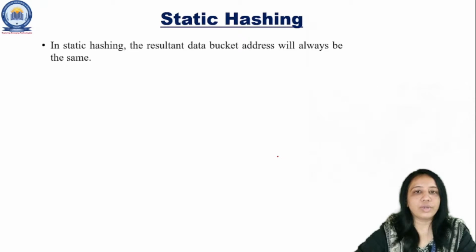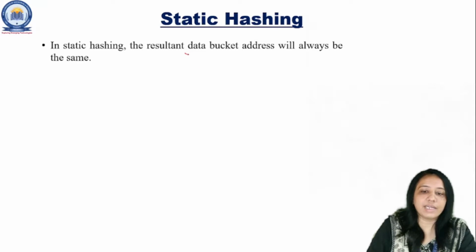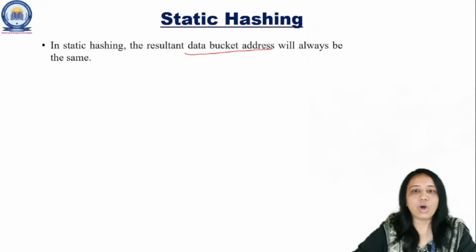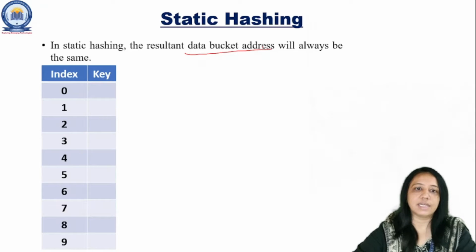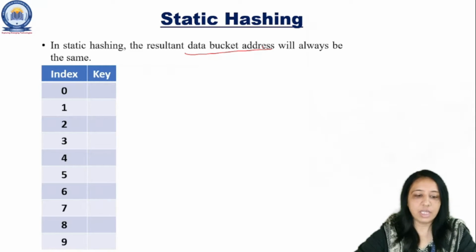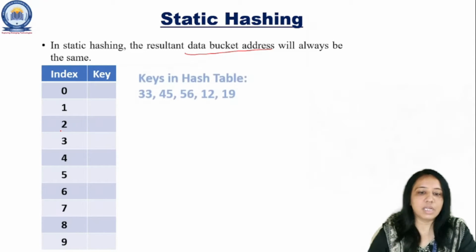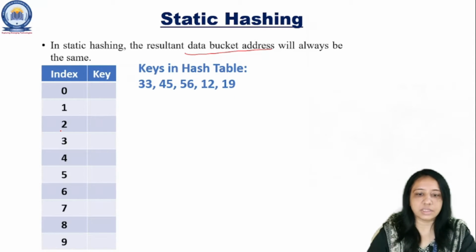In static hashing, the resultant data bucket address will always be the same. That means if you apply some hash function, whatever address is generated will stay the same. For example, we'll consider a hash table of size 10, as we took in the previous video lecture. Now we want to insert these values and apply the hash function modulo 10.